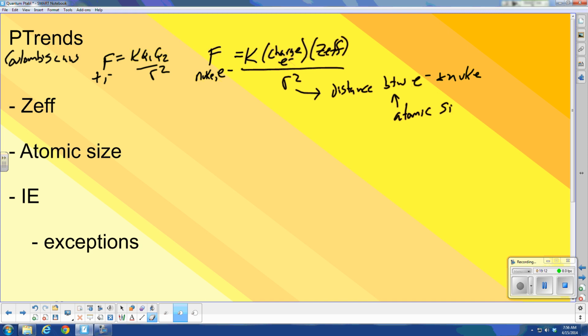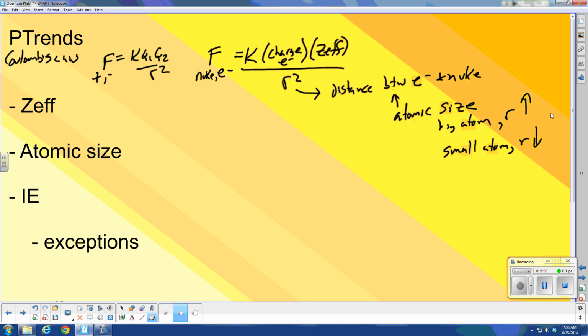Because the bigger my atom is, the farther my electron is from my nucleus. So if I have a big atom, a big size, that means R is going to be bigger. For a small atom, that means R is smaller. Now notice R is in the denominator, and it's squared.